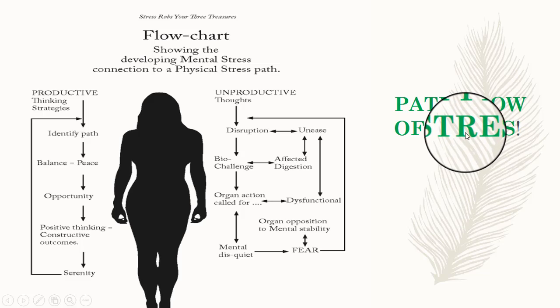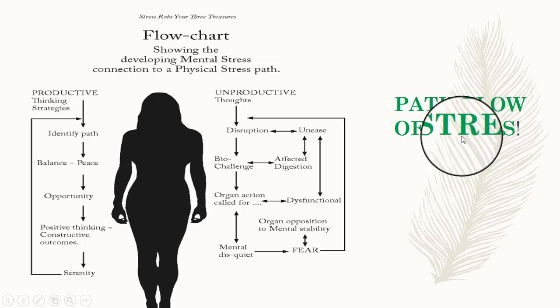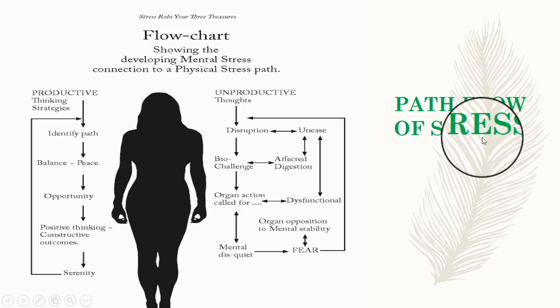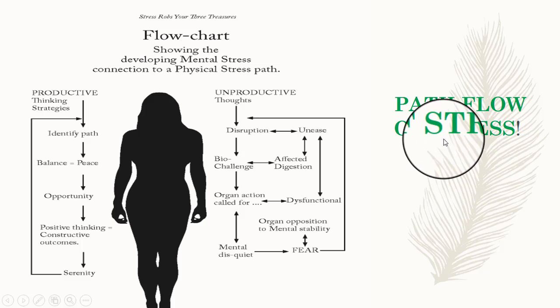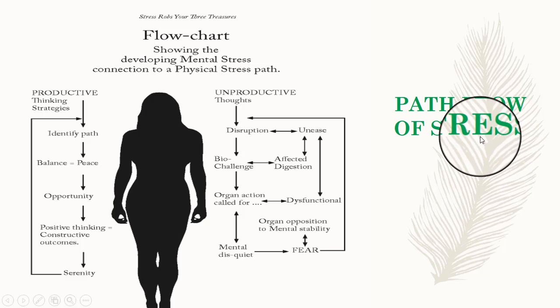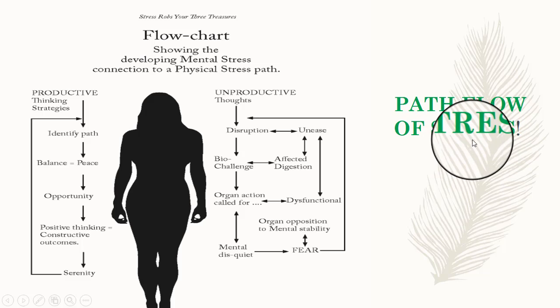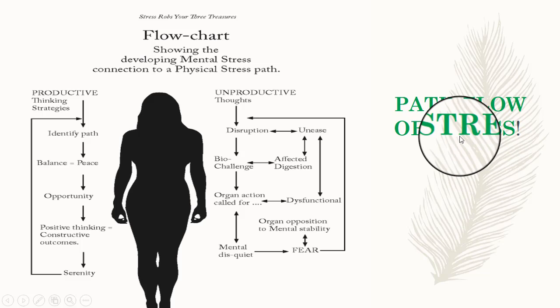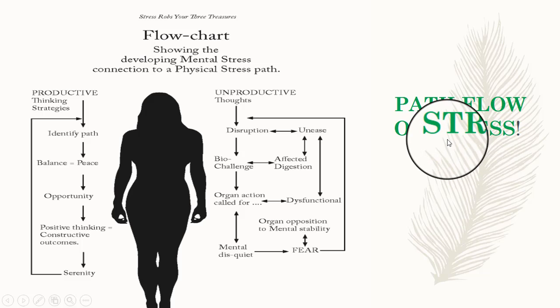After that, under the influence of CRF, the pituitary gland releases ACTH, that is adrenocorticotropic hormone, which is a very important hormone. And then the ACTH released from the pituitary acts upon the adrenal cortex.